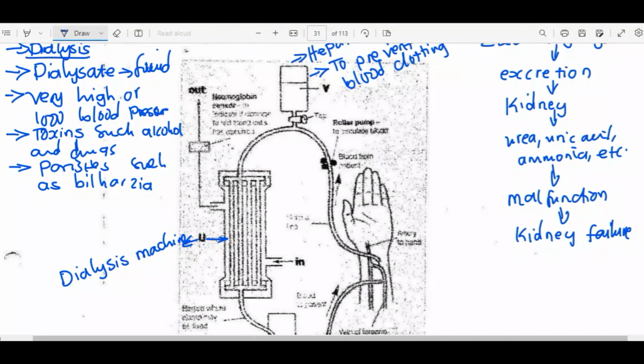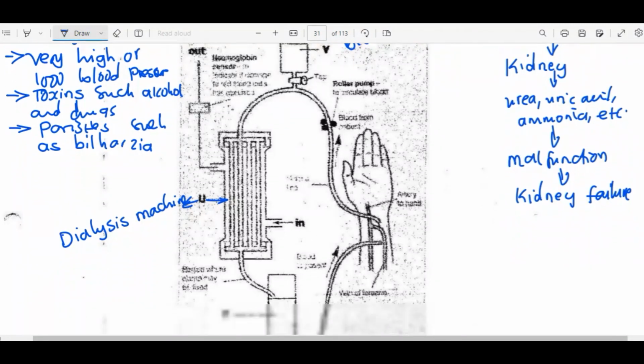Now the other thing we need to look at is, let's say for 1 week, at least how many sessions should a patient with such a condition have, meaning visit the clinic or be connected to this machine.